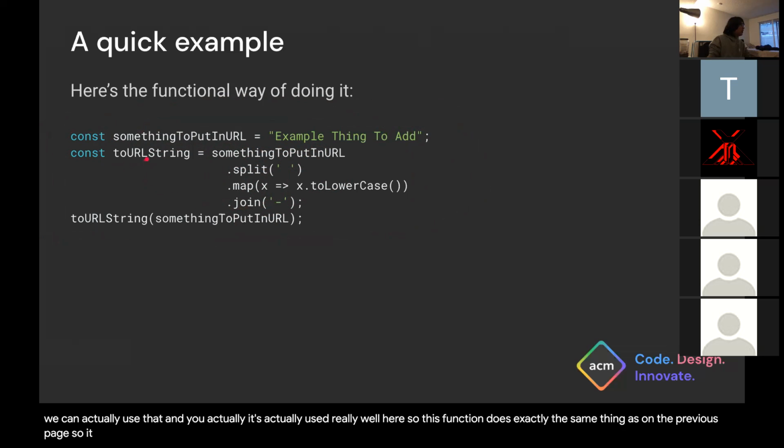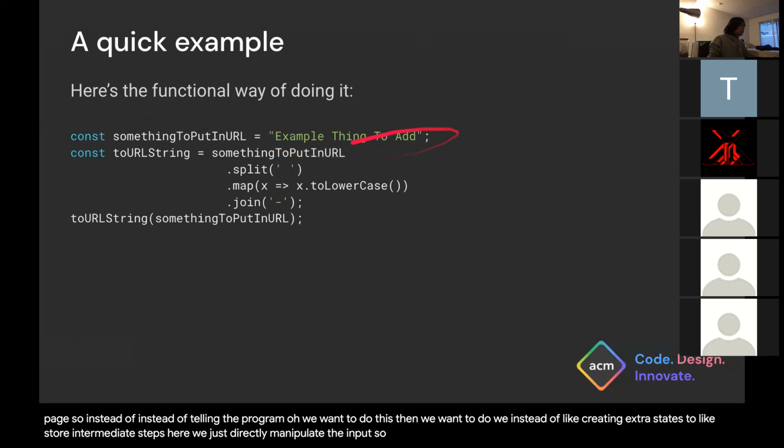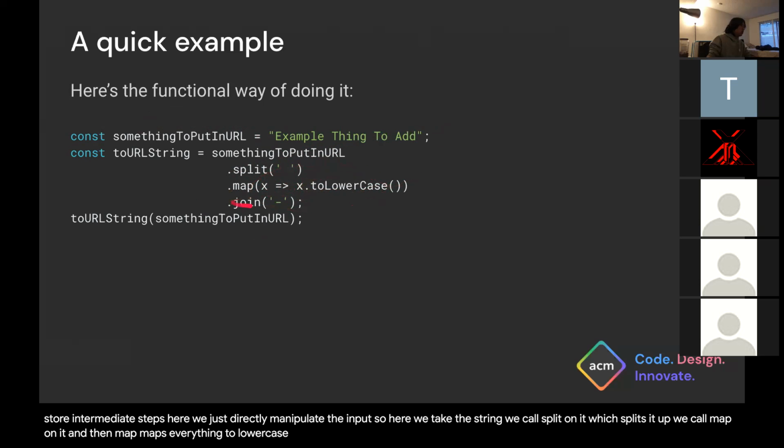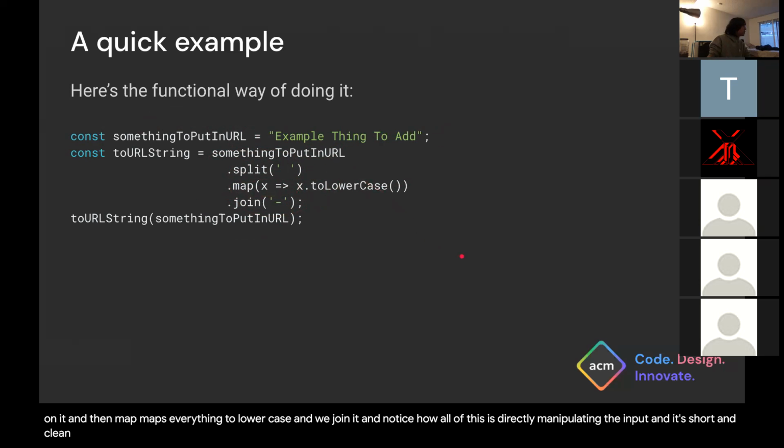Instead of telling the program to do this, then do that, and creating extra state to store intermediate steps, here we just directly manipulate the input. We take the string, we call split on it, which splits it up. We call map on it, which maps everything to lowercase, and we join it. And notice how all of this is directly manipulating the input, and it's short and clean and nice.